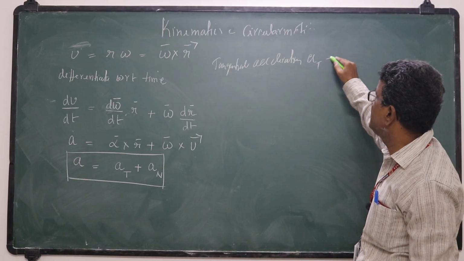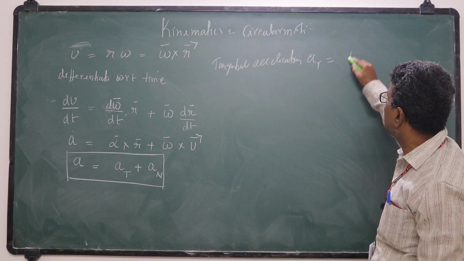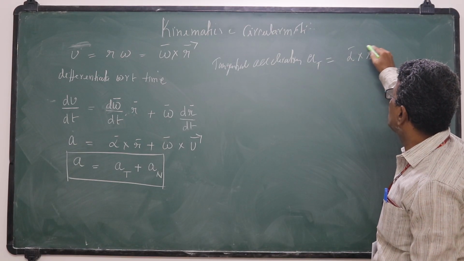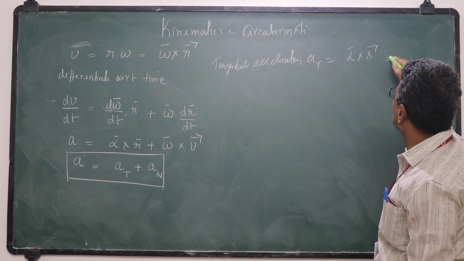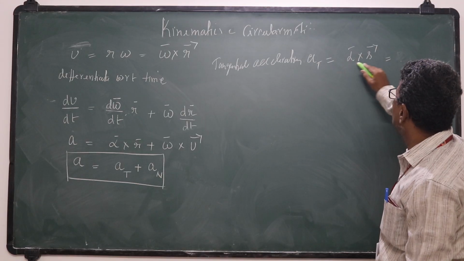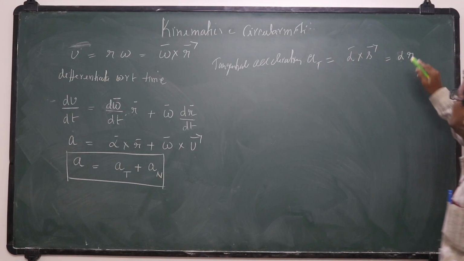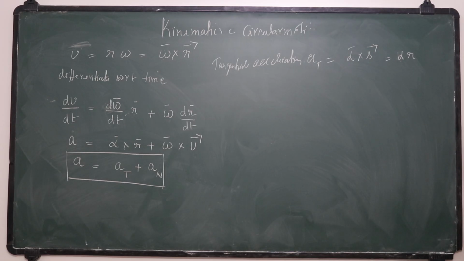It is given by alpha bar cross R bar, or in non-vector form alpha times R, because alpha and R are perpendicular to each other.